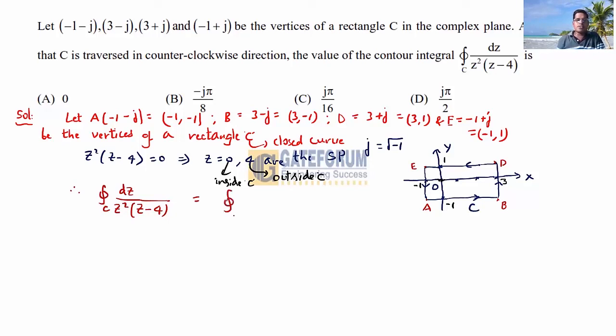It can be adjusted as 1 by (z minus 4), the whole divided by z square, which can be written as (z minus 0) whole square, where the singular point's corresponding factor should be kept. Such a singular point is usually denoted by small a. Now the numerator is denoted by f of z.